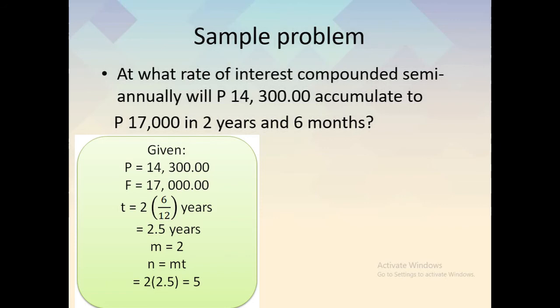So n is equal to 2 times 2.5, so that is 5. So remember that n is the total number of conversion periods.